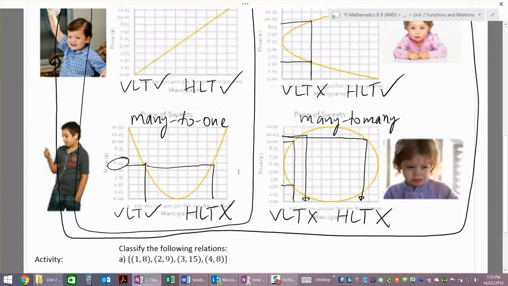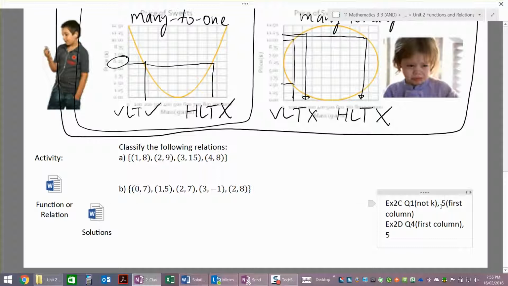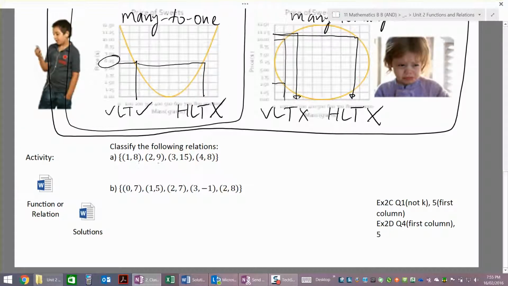Alright, so the final part, so that you can do all these questions and have a good understanding of what's going on, is classifying when they're just in ordered pairs. Okay, so I'll have a look at these ordered pairs and see if they have something in common, something that repeats. With a quick scan through, I can see that this 8 repeats.